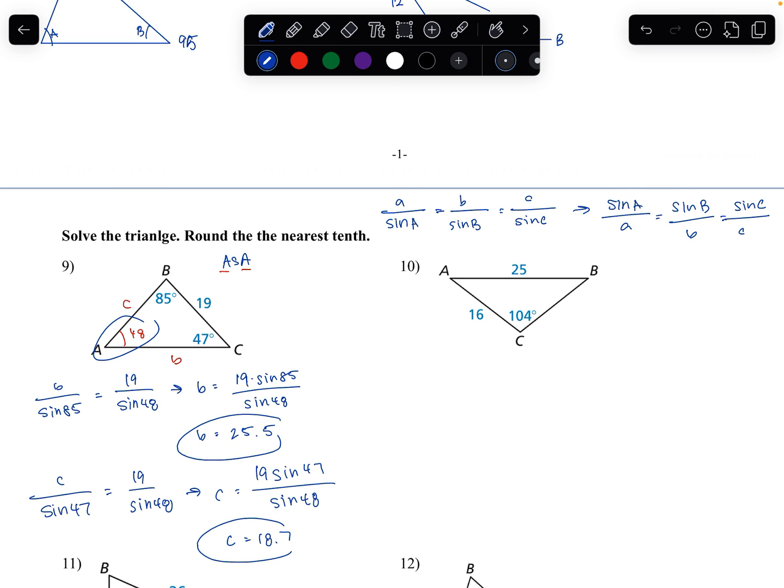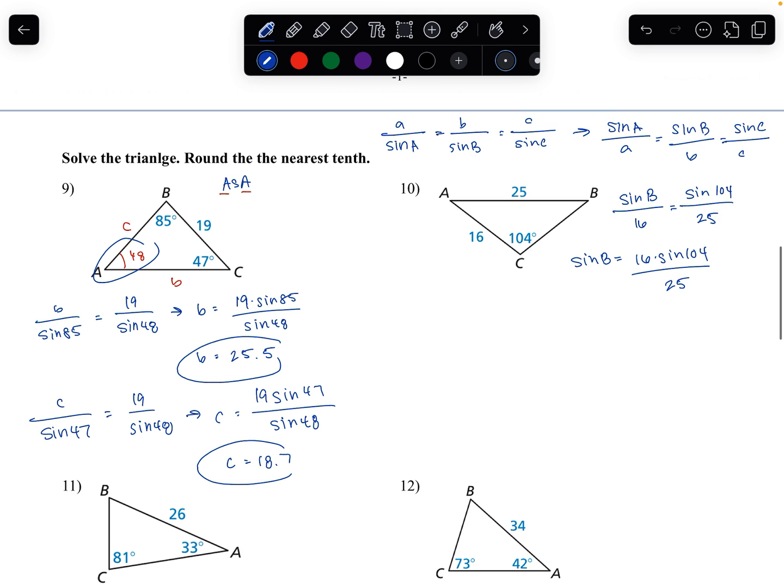So I'm going to say sine of B, which is the unknown, over 16 equal to sine of 104 over 25. And then I'm going to start by multiplying by 16 there. So sine of B is going to be equal to 16 times sine of 104 over 25. And then I'm going to use sine inverse on both sides.